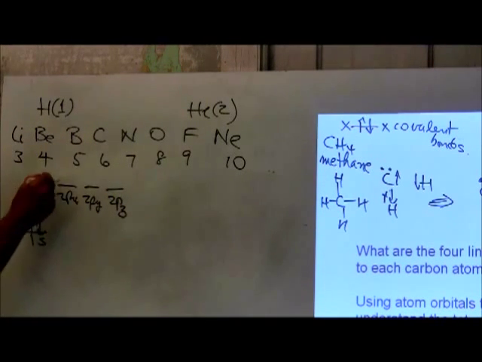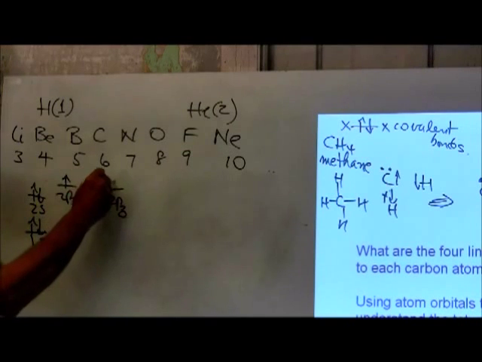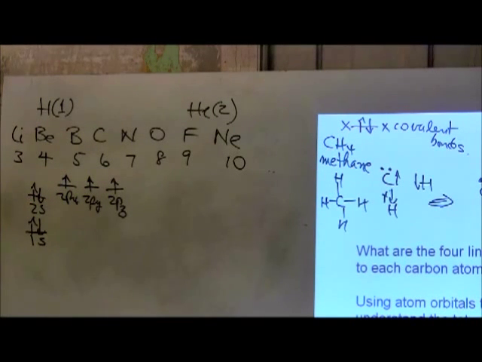That's 7 electrons in total. Now, how would nitrogen attain the electron configuration of neon? Well, it would have to make 3 covalent bonds and leave 2 behind.